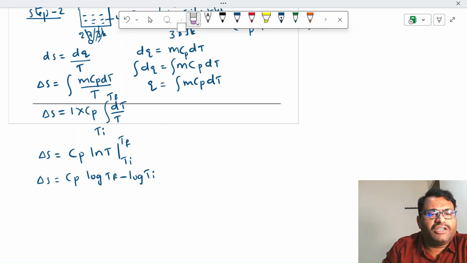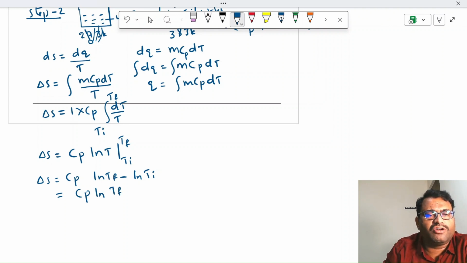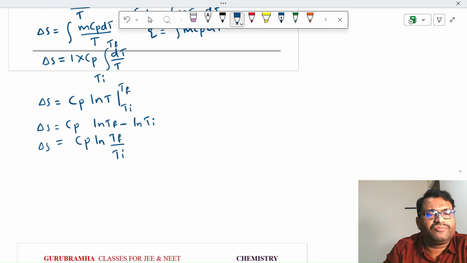Which log is it? It is not log base 10, it is the natural log. Log a minus log b gives log a by b, so log T final minus log T initial gives log T final by T initial. If you convert this into log base 10, then what do you get?